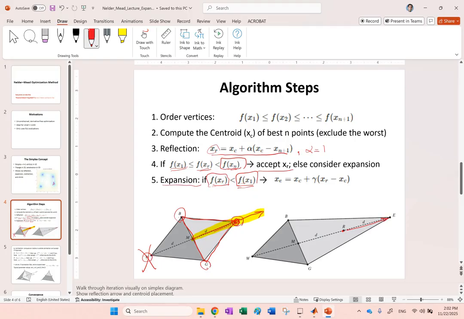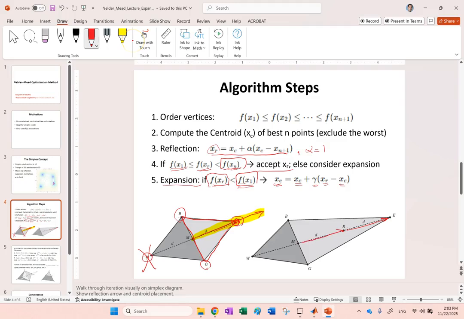Okay? So here I say, x of expansion is x of the centroid plus gamma, a parameter gamma, times x of the reflection minus x of the c. Okay, and x of reflection minus the c is this vector here, right?